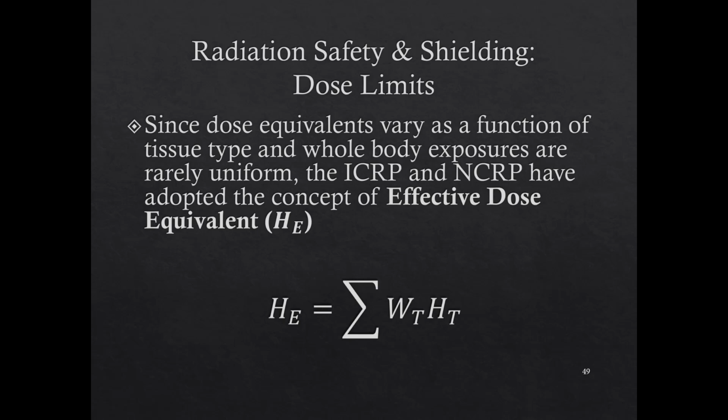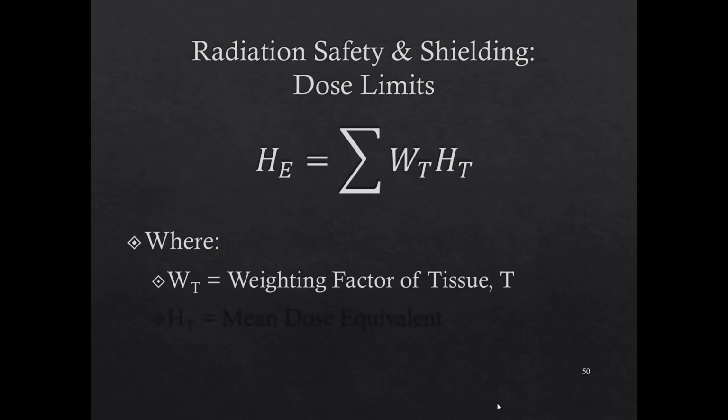This is all of the tissues that are in question. So WT is this weighting factor of the tissue, and HT is going to be that mean dose equivalent. And the total dose equivalent that's given here, HE, is going to be an effective whole body dose. This is important for when we talk about the occupational as well as the members of the public dose limits.